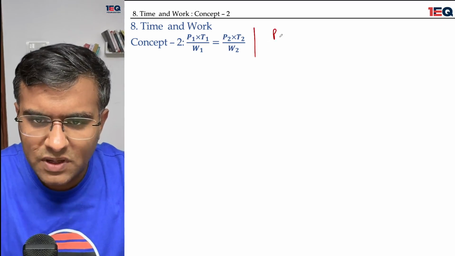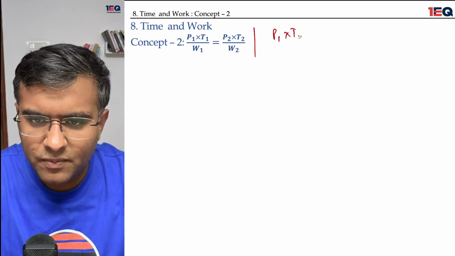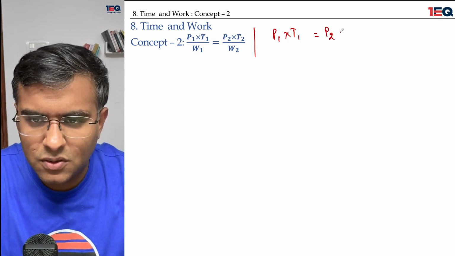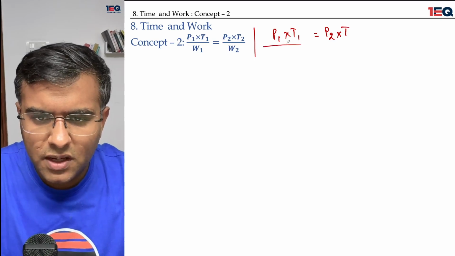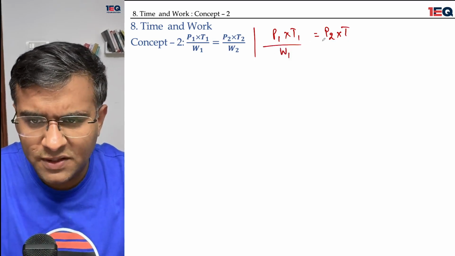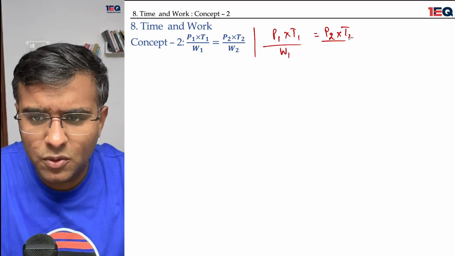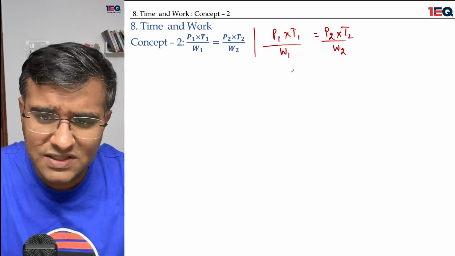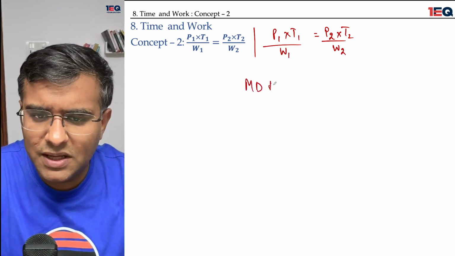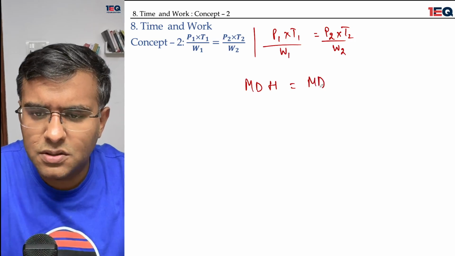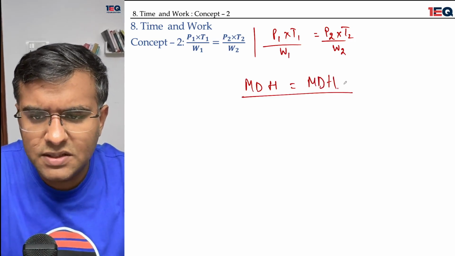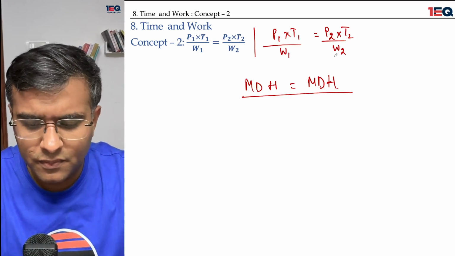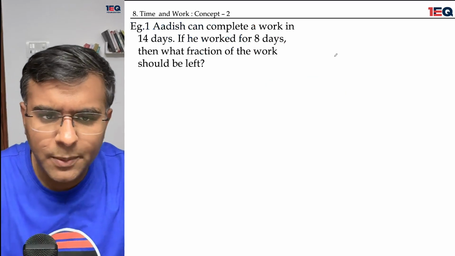It says when person 1 is working for time 1 and the same work is done by person 2 in some time 2, then person 1 and time 1 is doing work 1, and person 2 and time 2 are doing work 2. This is nothing but the same. MDH is equal to MDH. It's not at all different. So I'll move to the question quickly.